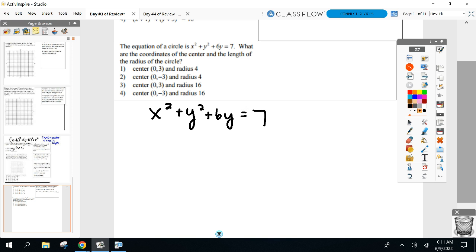Everyone see the x squared is just by itself? There's nothing with it. That means my coordinate's going to be 0. That's why you see 0 in there. So the only time we have to complete the square is for the y's. That's it. X squared, we know that coordinate's going to be 0 because there's no other x with it. So now we got to complete the square for the y's.